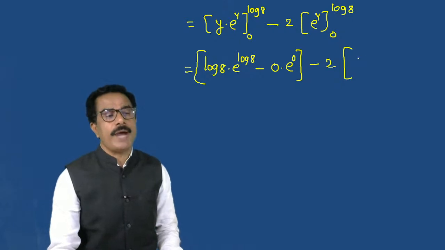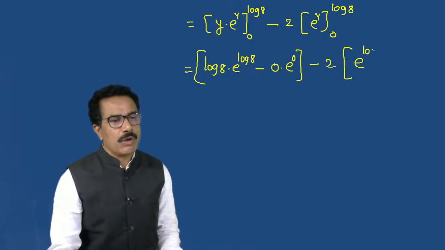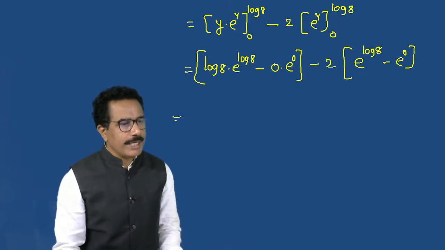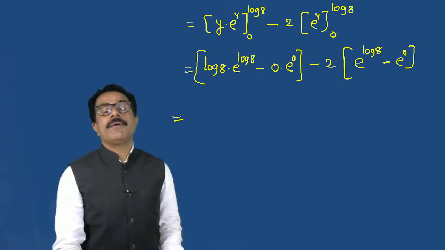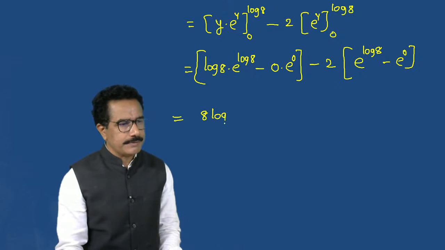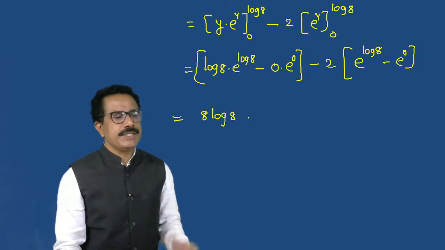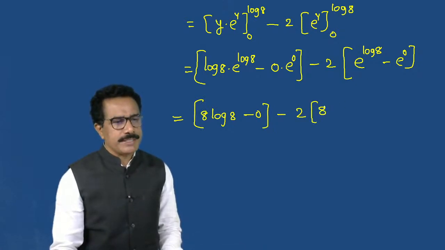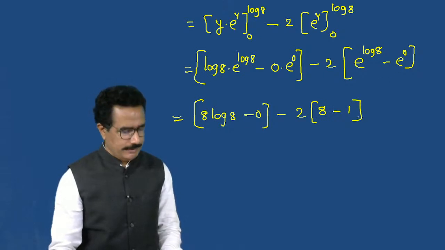Upper limit means y, so e raised to log 8 minus e raised to 0. Is it okay? So we can write e raised to the power log will cancel. So 8 log 8 minus 0 means 0, minus 2 into e raised to the power log means 8 minus 1.